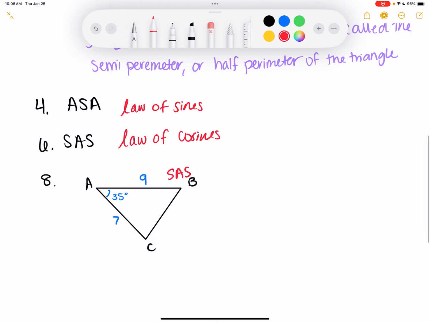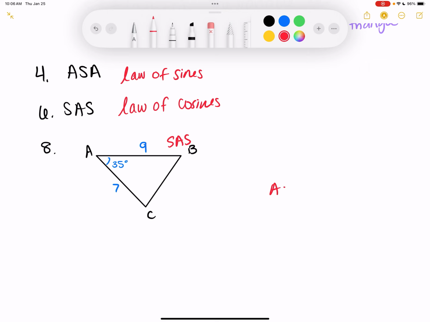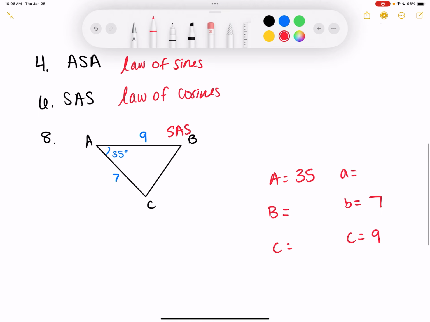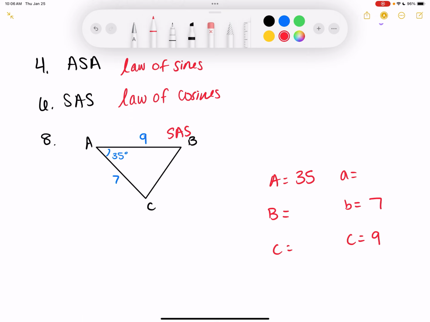So that means we're going to use law of cosines. So again, I'm going to set up just like I did in the other one. I'm going to set up my angles and my sides. So let's see, side C is 9, angle A is 35, and side B is 7. All right, so law of cosines. So I need to look at what piece of information can I solve for.